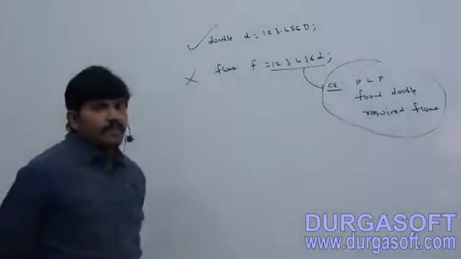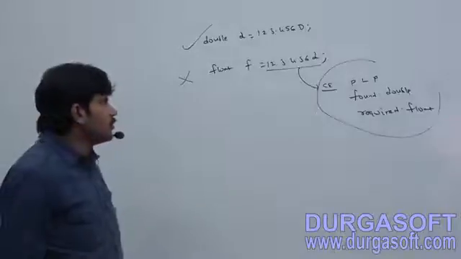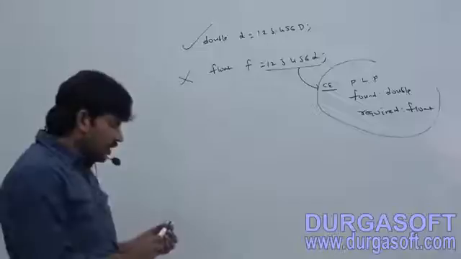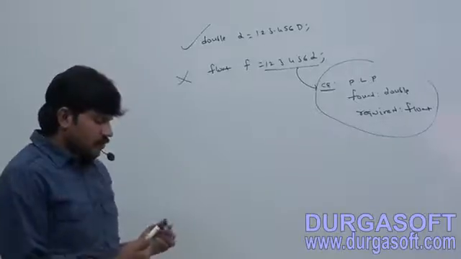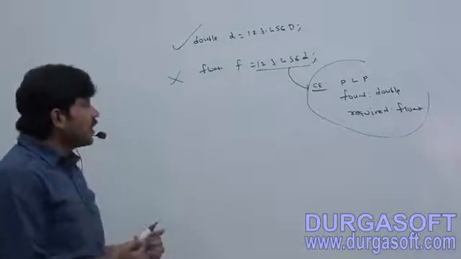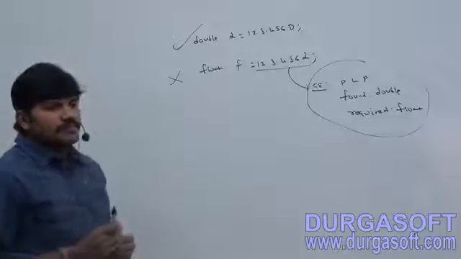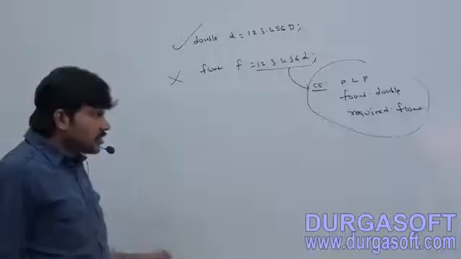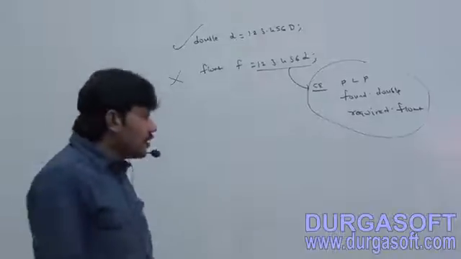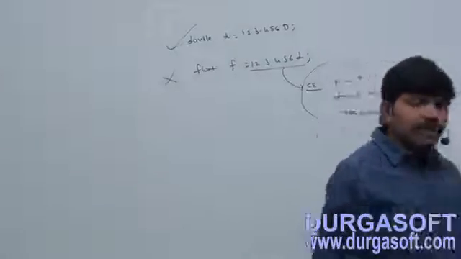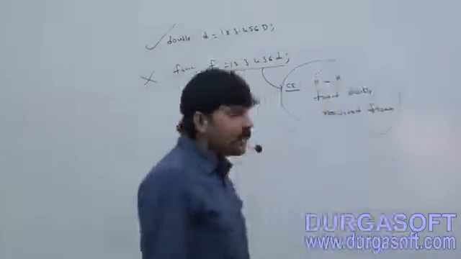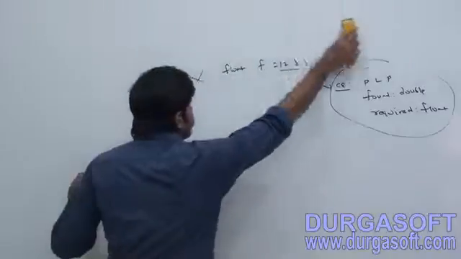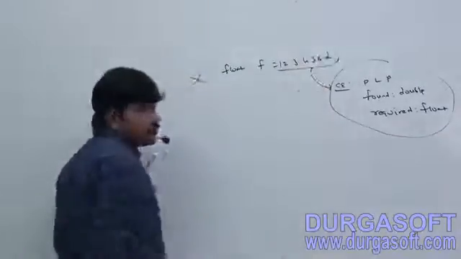Next, float f is equal to 123.456 with a small d or capital D. So we are going to get a compile time error saying possible loss of precision, found double, required float.